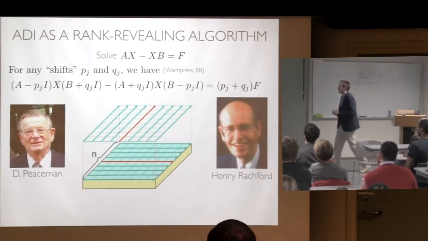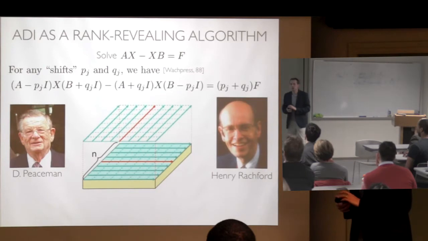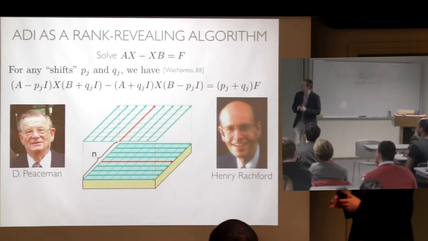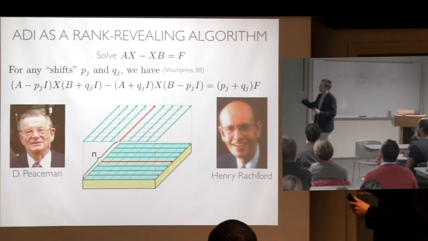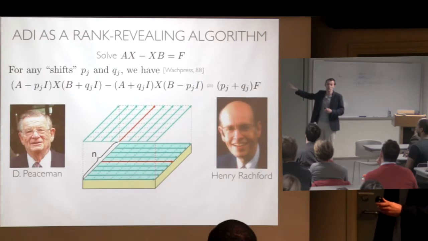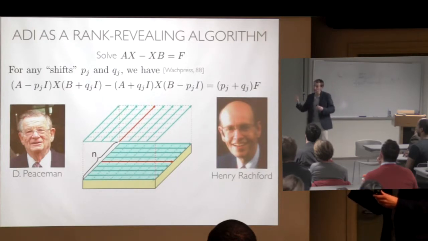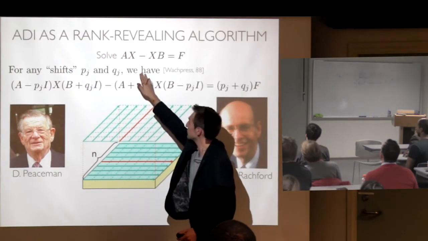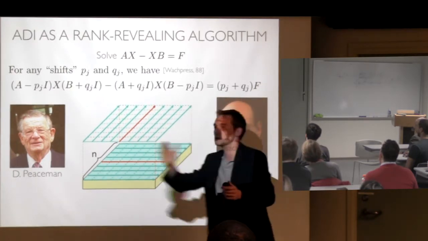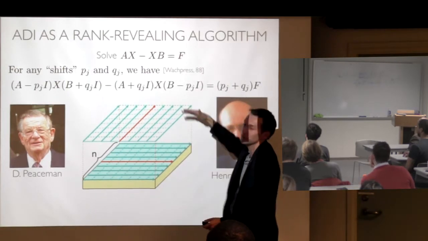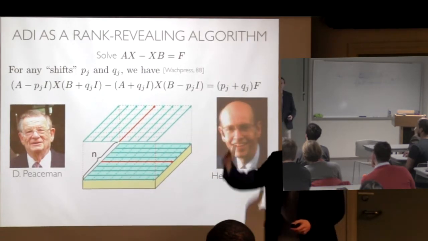And if you know the alternating direction implicit method, a really classic algorithm from 1955, they had a really great way of solving such Sylvester equations. That's the one we're using to generate these bounds, to generate the Zolotarev function. So what did they do? They fixed the columns of X and swept information across the rows, then fixed the rows of X and swept information across the columns, and iterated between those two.